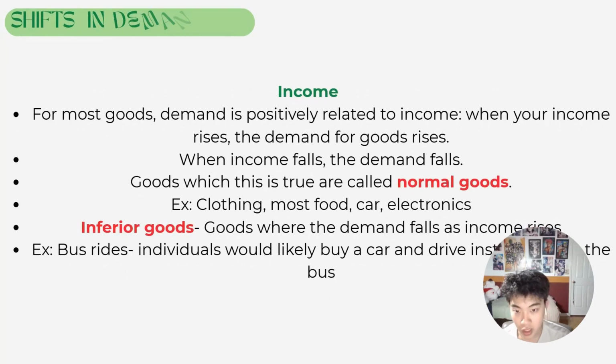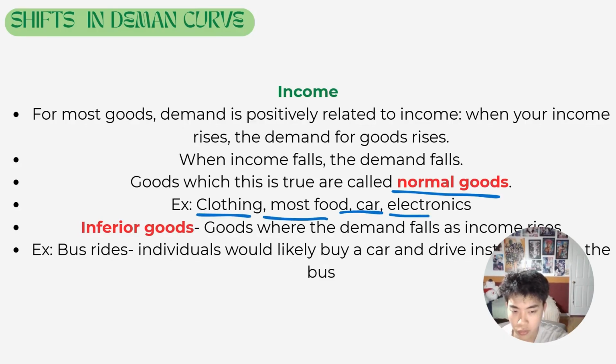The first one being income. The first thing would be normal goods. When your income rises, the demand for normal goods also rises. For example, when we make more money, we'll probably buy more clothing, more food, cars, and electronics.